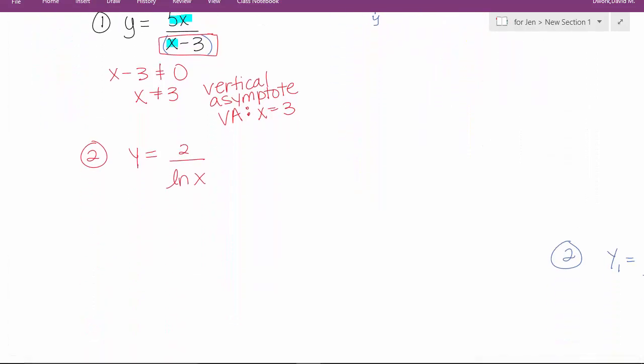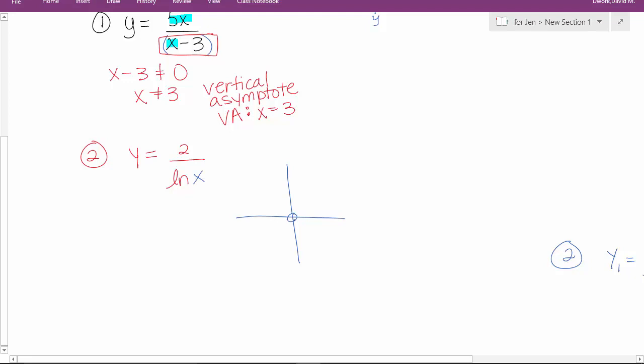Another example might be this 2 divided by natural log of x. And so what I would see graphically if I looked at this, if you're more of a visual person, is the domain, because again, you should not be having discontinuity discussions without involving the domain. And so x, because that's in the argument of natural log, has to be greater than 0, and so I know I have a hole because it cannot equal 0.